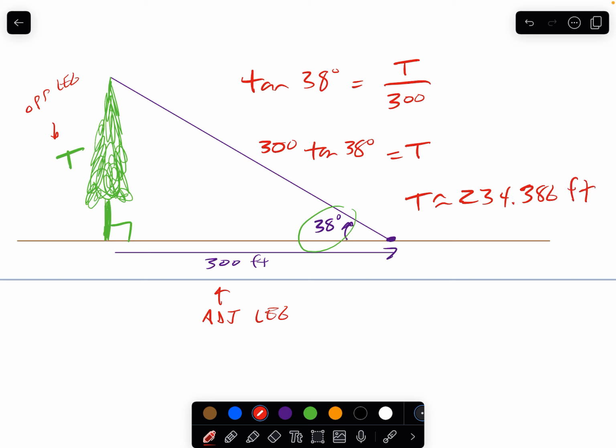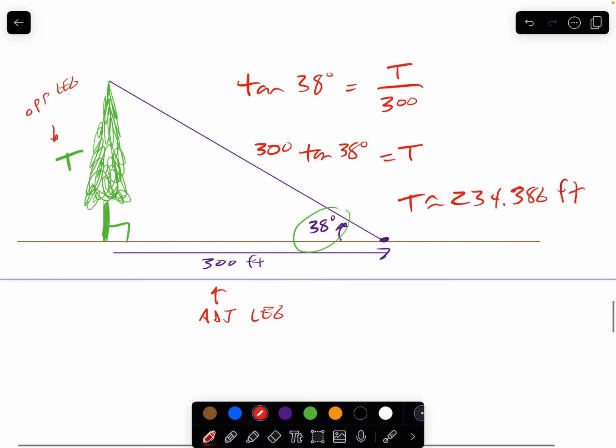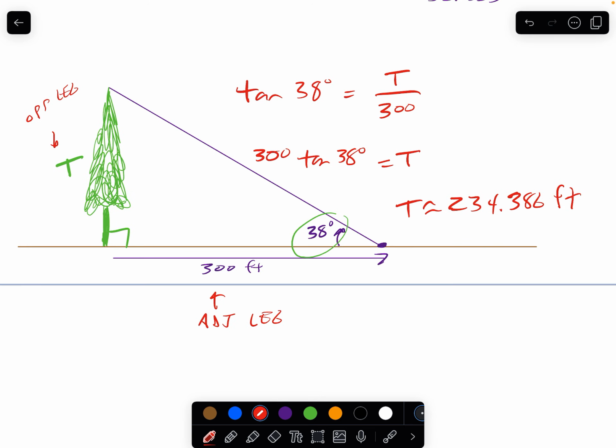And this is a word problem. The units there are feet. So there we go. You'll have some homework to practice on, but this video gives you the basics.